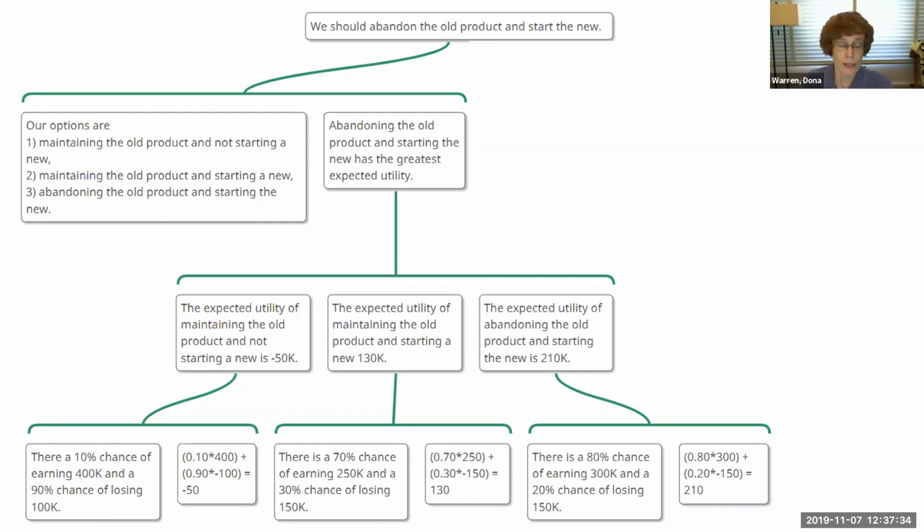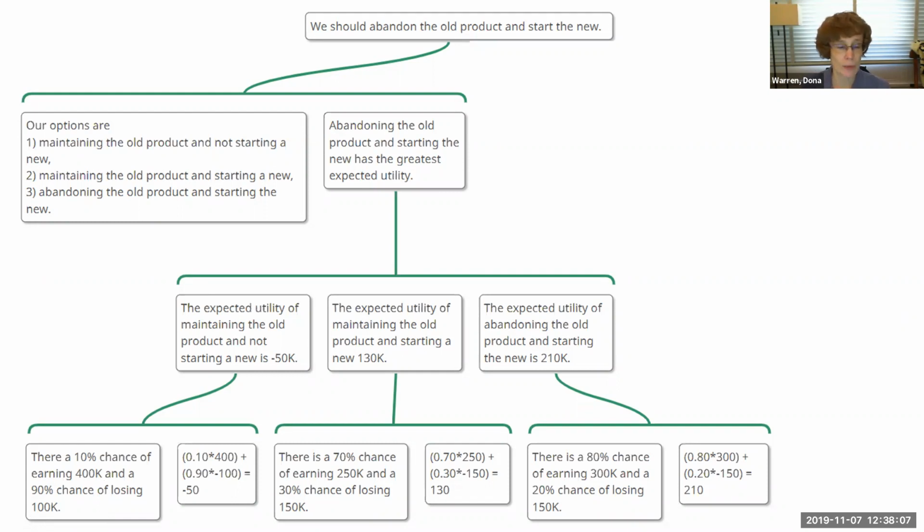So let's go down here and consider the expected utility of maintaining the old product and not starting the new one. Suppose our old product is doing sufficiently badly that there's a 10% chance that we might earn $400,000 if we just keep on doing what we're doing, but there's a 90% chance that we're going to lose $100,000. In order to decide what the expected utility is, we need to multiply the probability of an outcome happening by the goodness or badness, in this case, profit or loss of that option, and then add those numbers up.